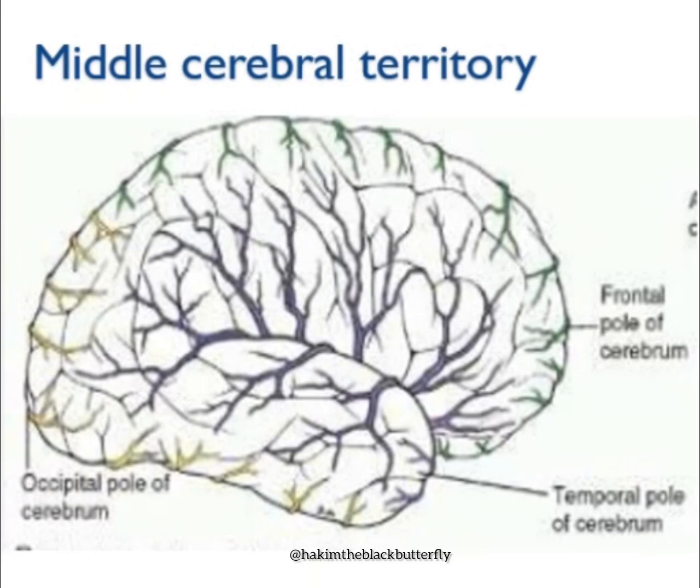So we have seen how the three cerebral arteries, the anterior cerebral artery, the posterior cerebral artery, and the middle cerebral artery, they call them cerebral arteries because they're supplying the cerebrum, and we have seen how they supply the medial and lateral surface of the cerebral hemisphere.